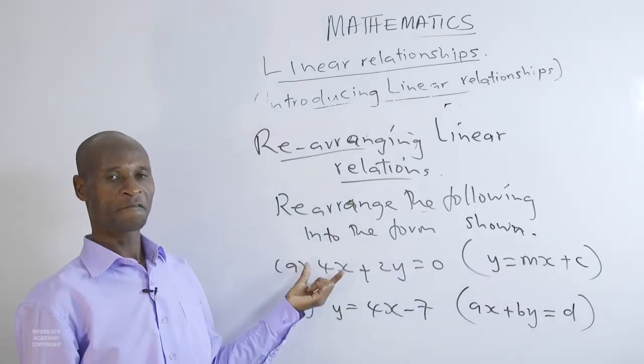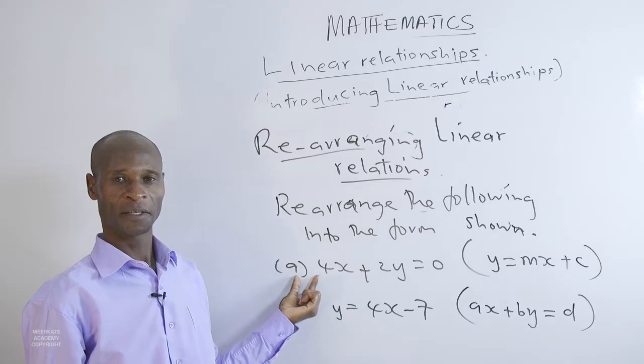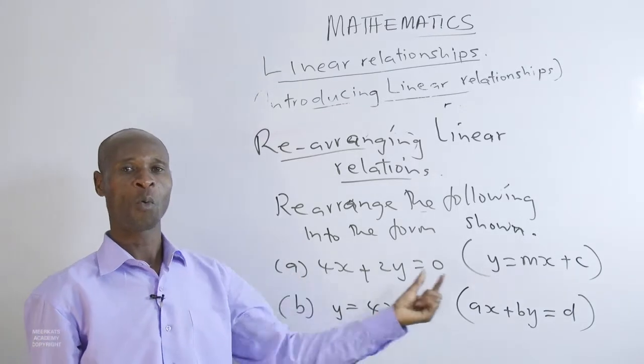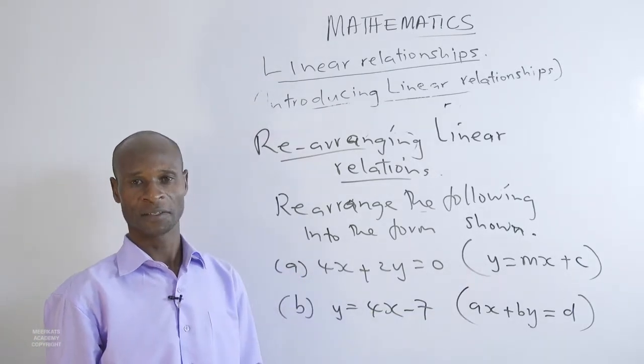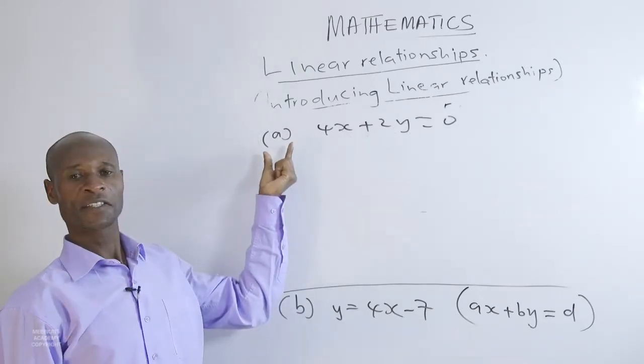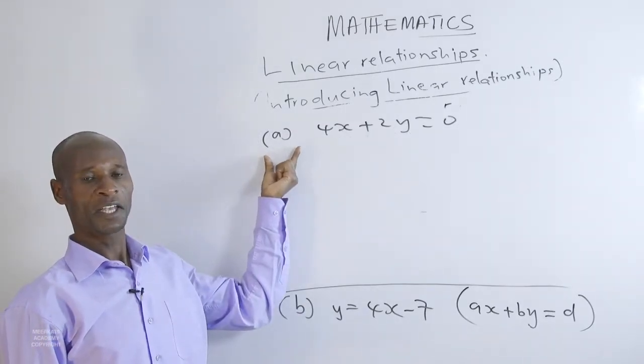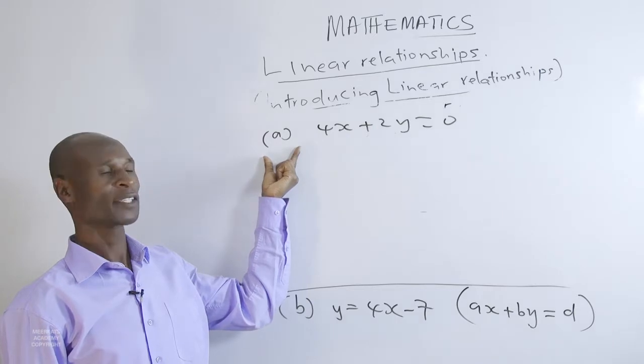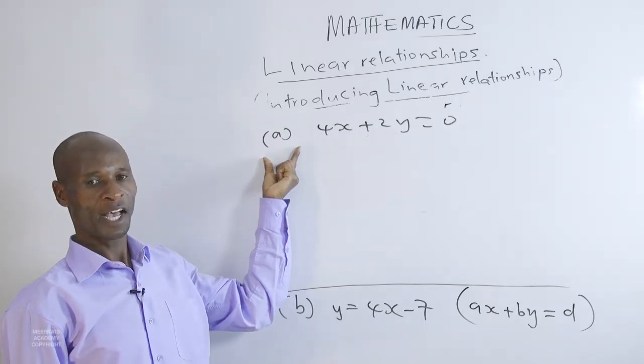We shall start with the first equation, part A, and express it in the form y is equal to mx plus c. To do that, we write as follows.